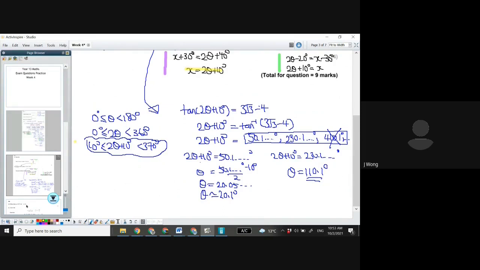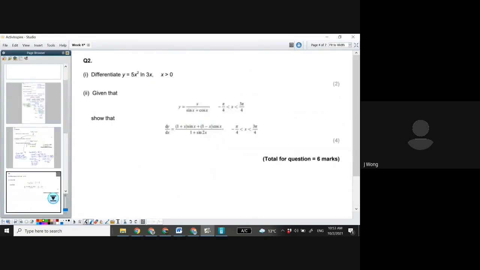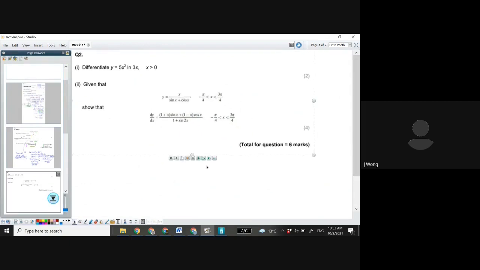And then here comes question two, where we start by looking at the differentiation in A2, because it's something that we have been learning in maths lessons right now. So the first one, I would like to differentiate 5x squared multiplied by ln of 3x.